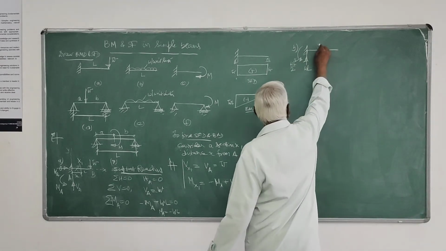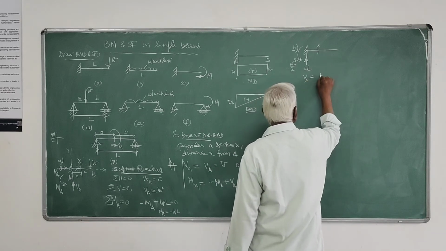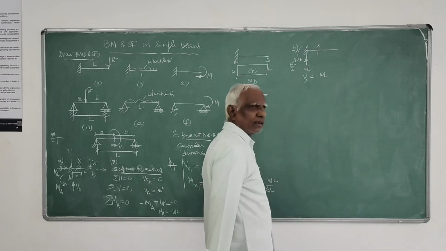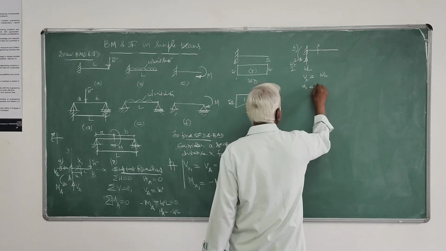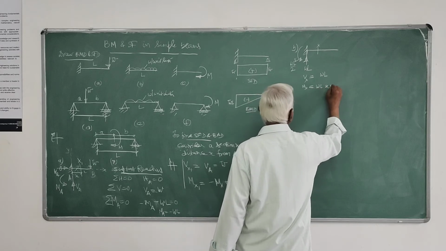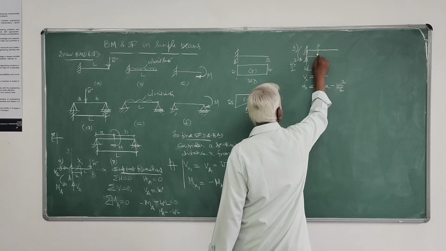Then if you take any section, you will get the shear force at that section as W L and the moment Mx as W L x minus W x into x by 2, that is W x squared by 2.